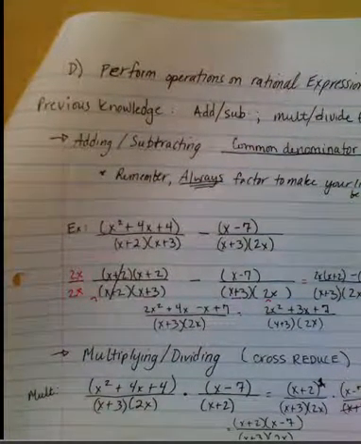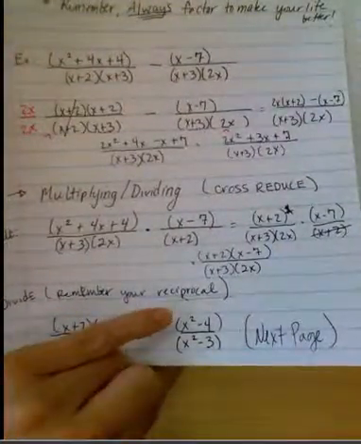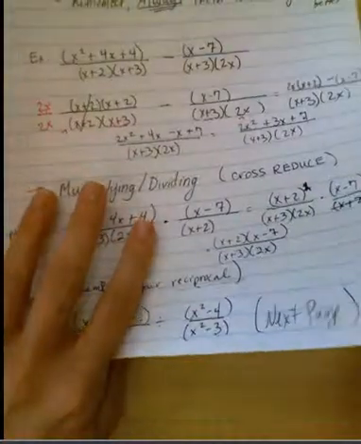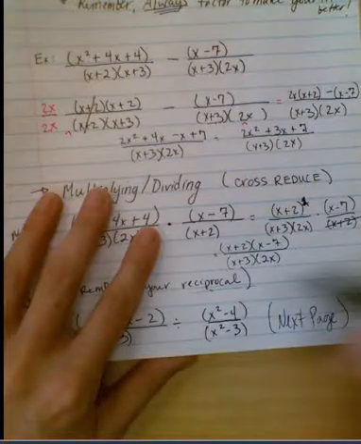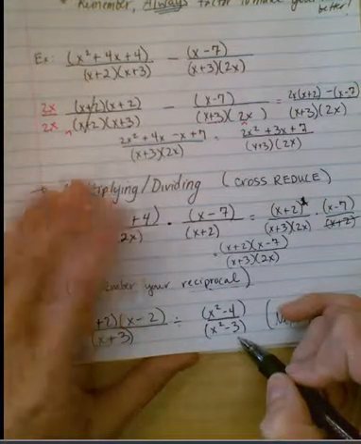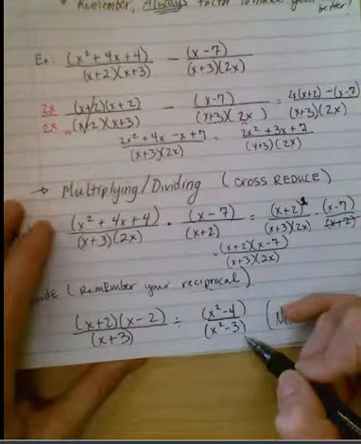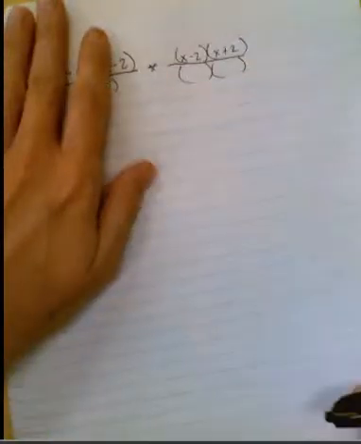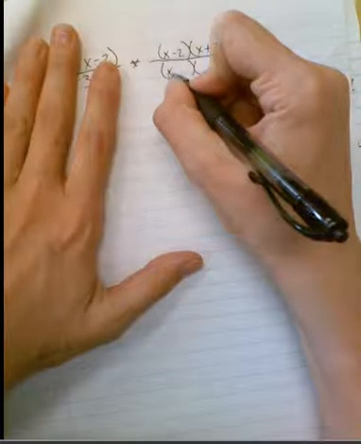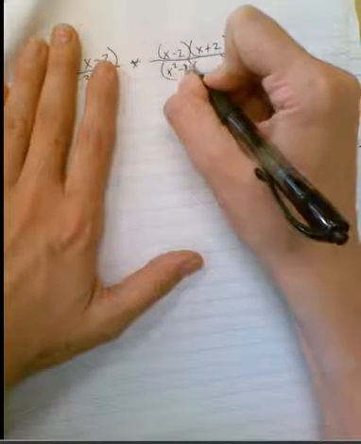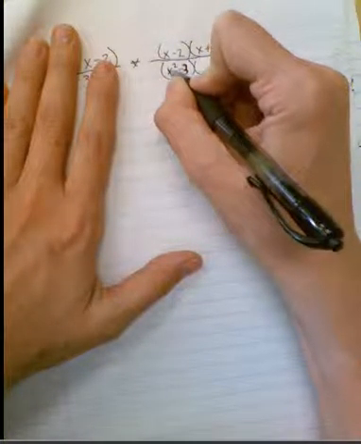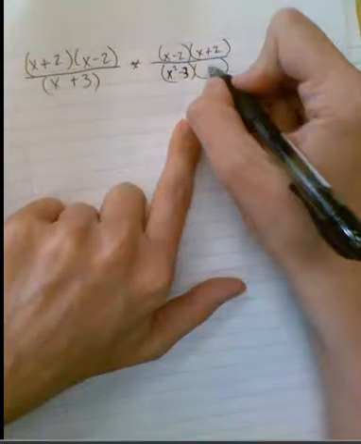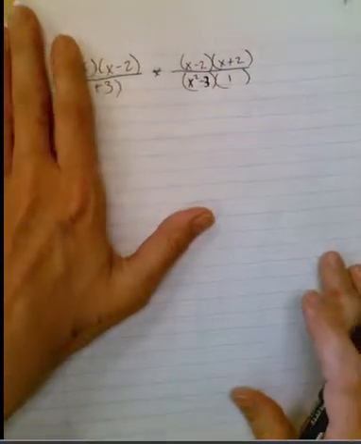And x squared minus 3 is also a difference of perfect squares, but it would be root 3 here, so I don't know that that necessarily helps us. It doesn't factor into something helpful, so I'm just going to put it times 1 there.